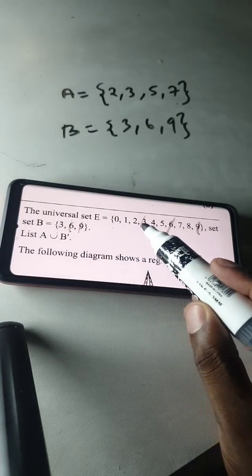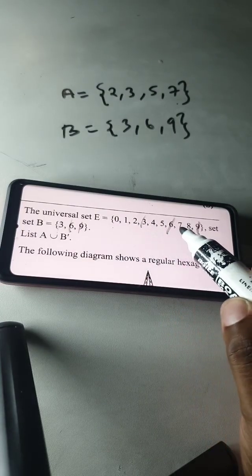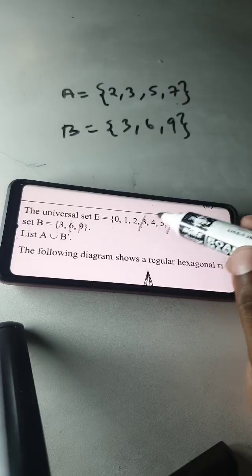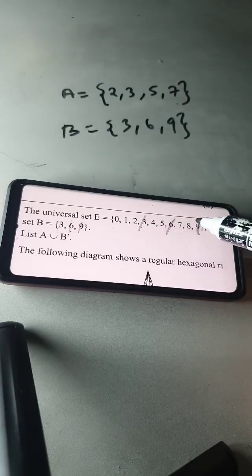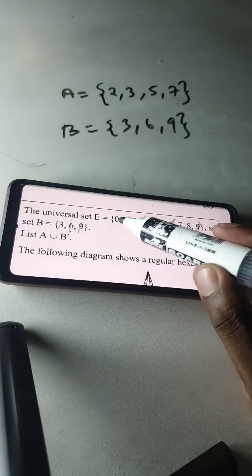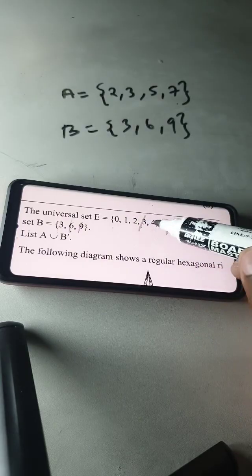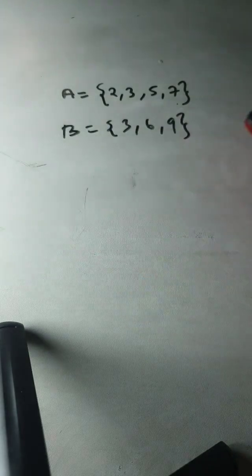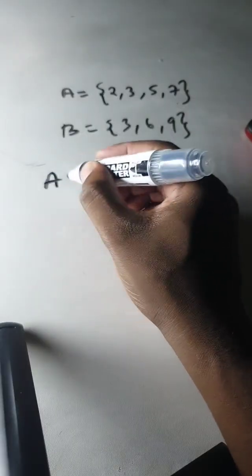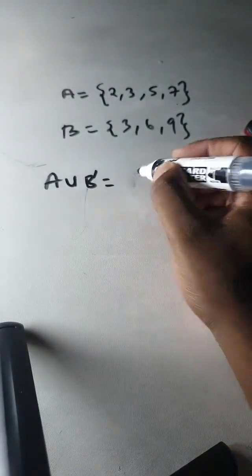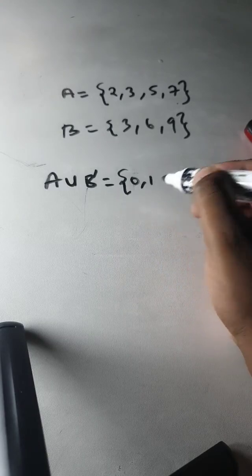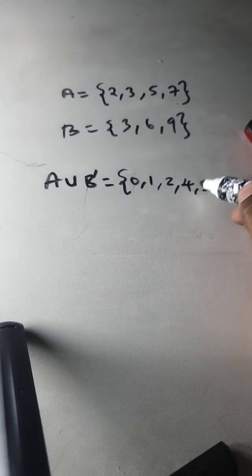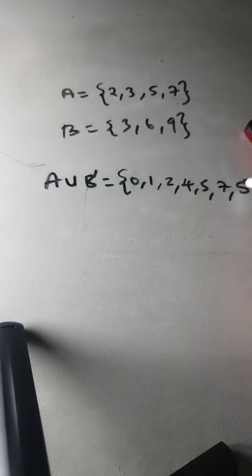It's 0, 1, 2, 4, 5. Wait. This one has gone, this one has gone. So it is 0, 1, 2, 4, 5, 7, 8. That's our answer, right? So A union B complement will be 0, 1, 2, 4, 5, 7, 8.